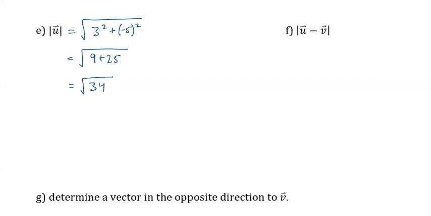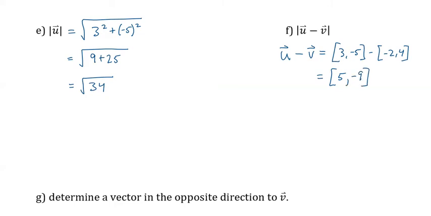Negative 5 minus 4 is negative 9. And then to find the magnitude of that, it's 25 plus 81, which works out to 106.